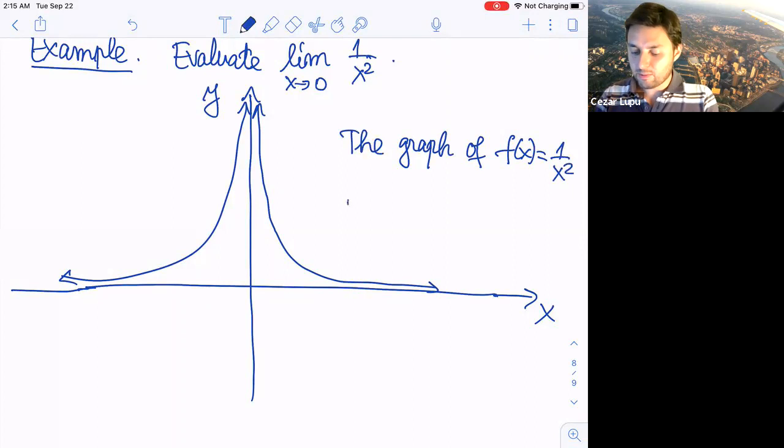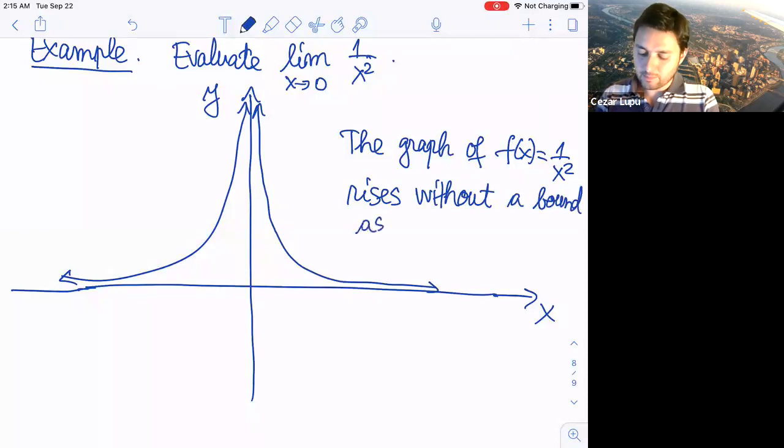We say that this rises without a bound as x approaches 0. It's quite clear that it rises.